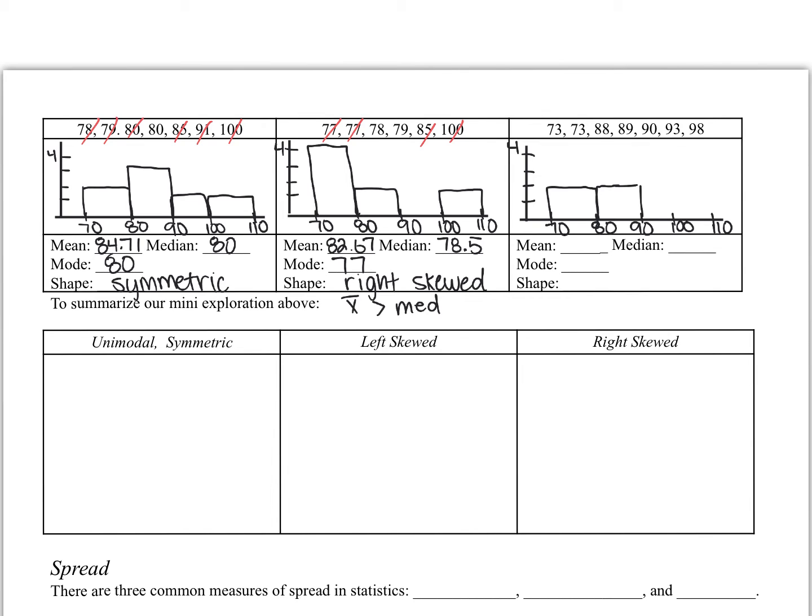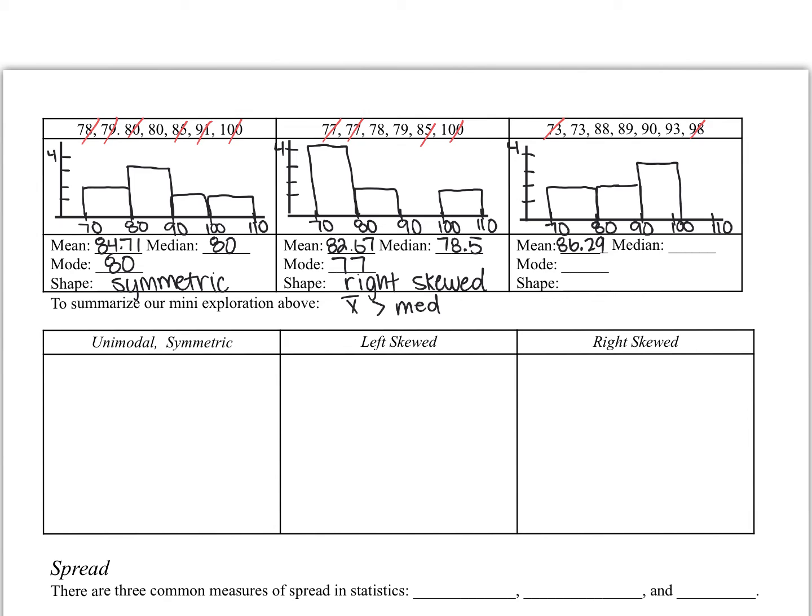Between 90 and 99, I then have 3 pieces of data. And I don't have anything bigger than that. Okay. So I'm going to add up my numbers to calculate my mean. I'm going to divide by 7. And I'm going to get 86.29.